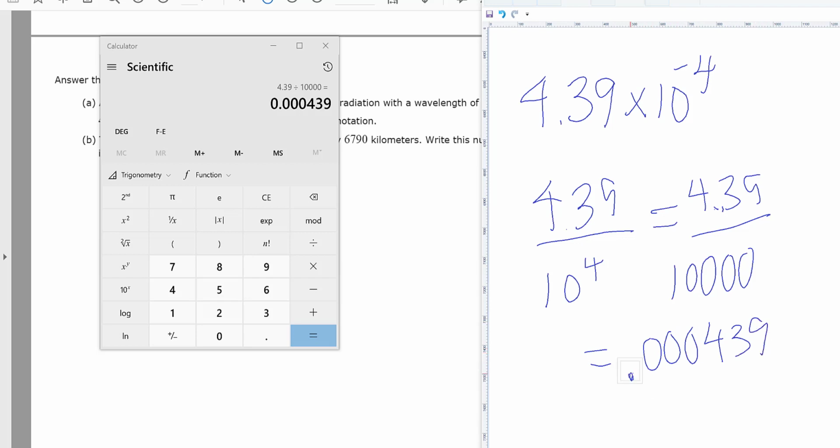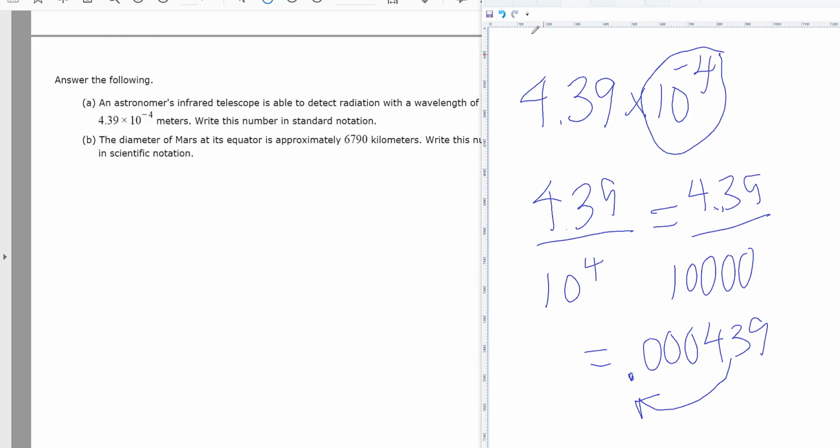And what you notice is that the negative exponent moved the decimal 4 places to the left. So here's how you remember this. A negative exponent is going to create a smaller value when you apply it. 4.39 times 10 to the negative 4 produces 0.000439. A positive exponent is going to produce a larger number.